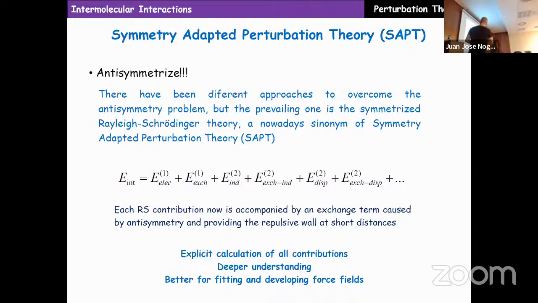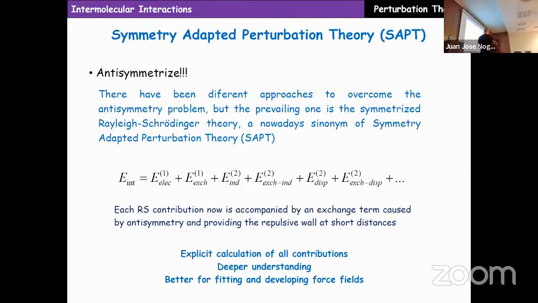Well, if we now anti-symmetrize the wave function, and we calculate the different energy terms, the first order energy and the second order energies, with an anti-symmetrized wave function, the symmetrization process is more or less complicated. But if I have my anti-symmetrized wave function, then I can obtain all the energy terms with the correct wave function.